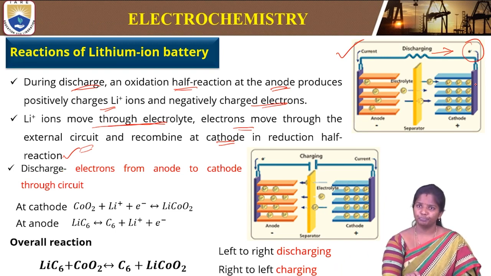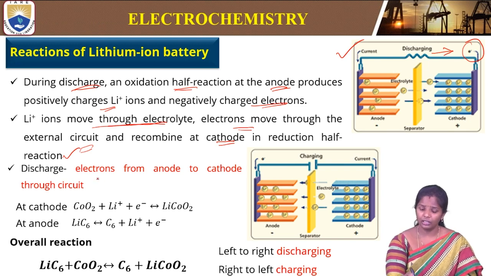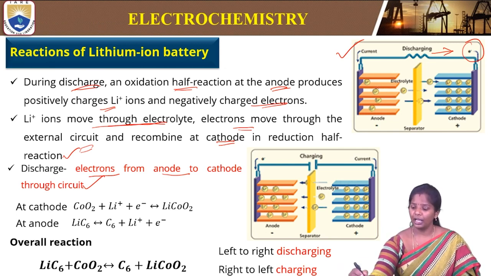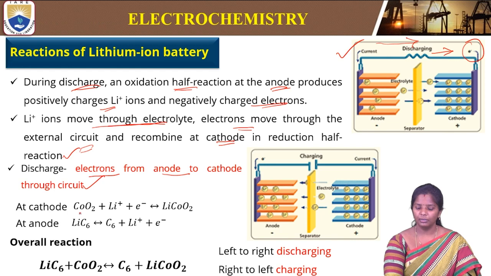So during discharge, the electrons flow from the anode to the cathode through the circuit. That is an important point that we have to consider. The electrons will move from anode to cathode. So at the cathode, the cobalt oxide will combine with lithium ions and electrons and form lithium cobalt oxide.